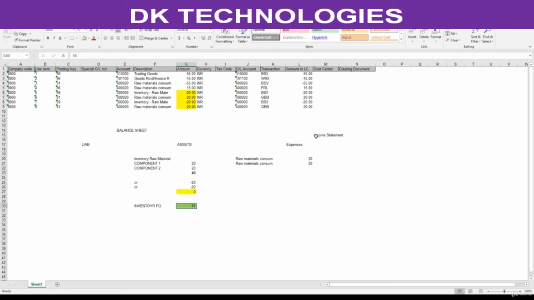So technically there should not be any impact on your income statement because of this subcontracting process. We don't have any income, we don't have any expenditure. But when I post this first entry, the system posted this raw material consumption to the income statement. If I don't remove this impact from the income statement, then it will have an impact on your profit.